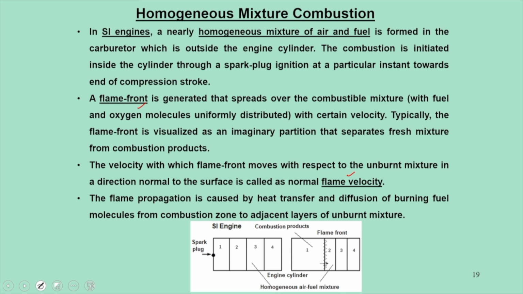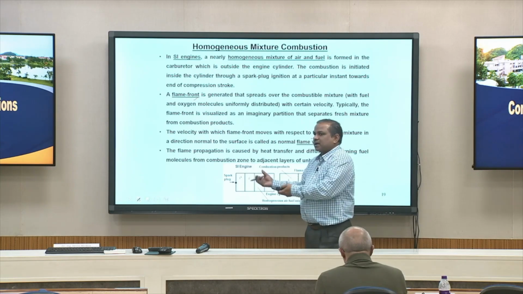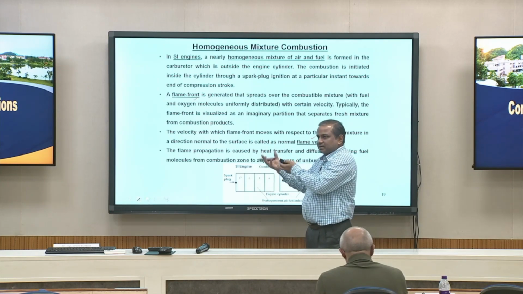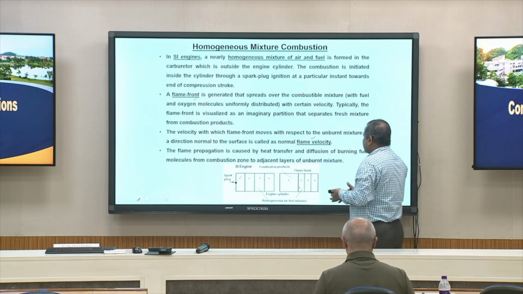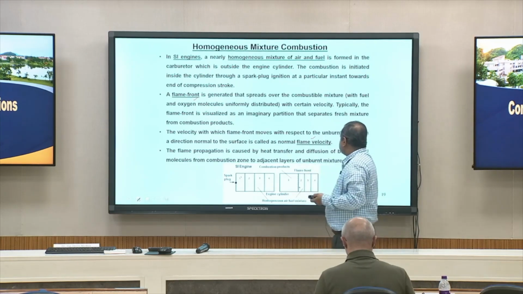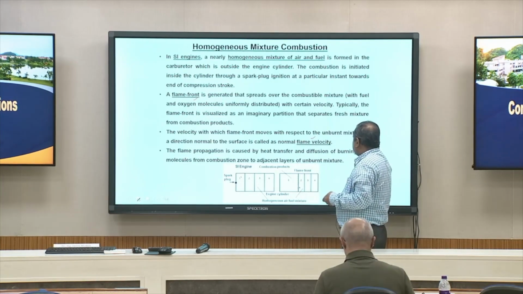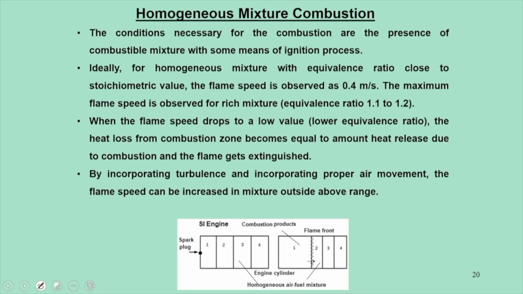Where does it get the energy? For example, it burns this layer, it gets the momentum from the previous charge. Now it went to the next layer, and this momentum is further raised. That way it gets energy in the form of heat from the adjacent layer of unburnt gas mixture.